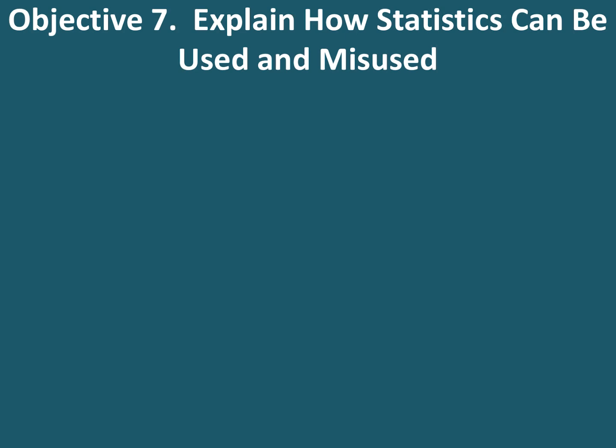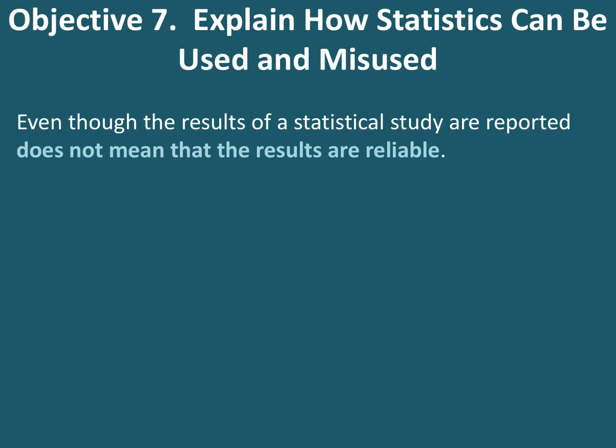So here are some more ways of seeing how they can be misused. Even though the results of a statistical study are reported, it does not mean that they are reliable. But people think they are, right? For example, what if you read something online about some sort of statistic that maybe supports your own philosophical ideals?